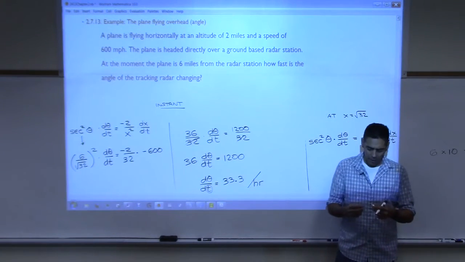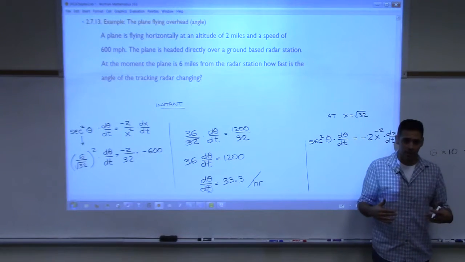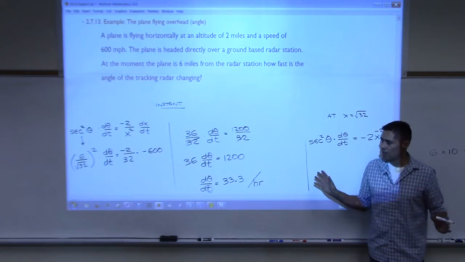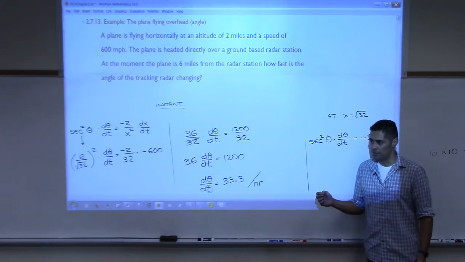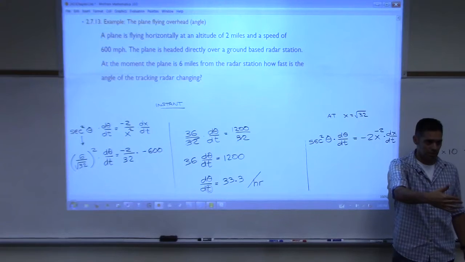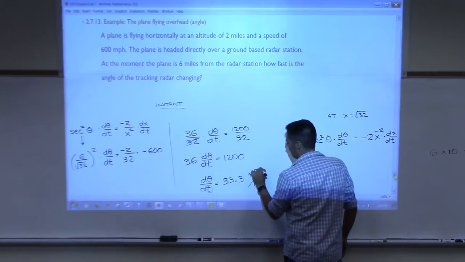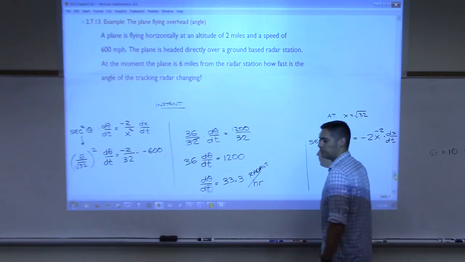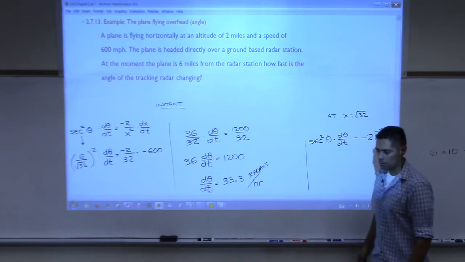Theta. And the angles that we have in trig are usually in degrees or radians. We have not talked about degrees at all. Your answer will always be in radians, unless you convert it to degrees. So at this point, this is radians per hour. You can just say rad per hour.